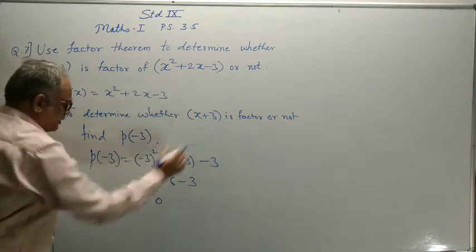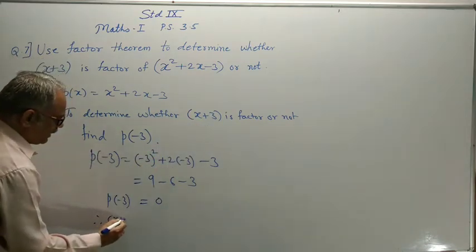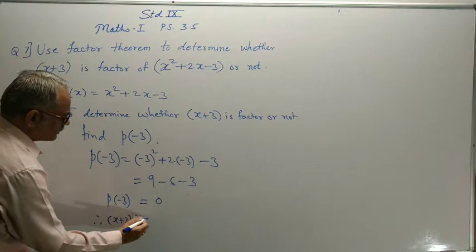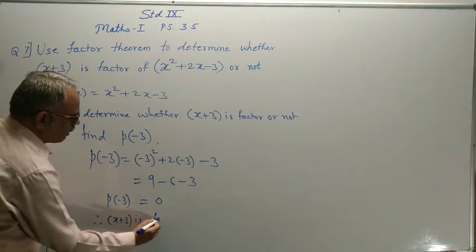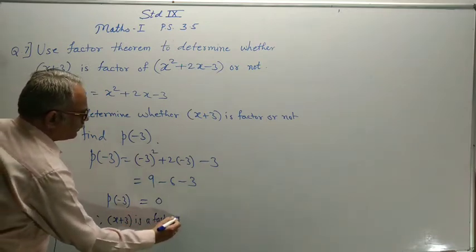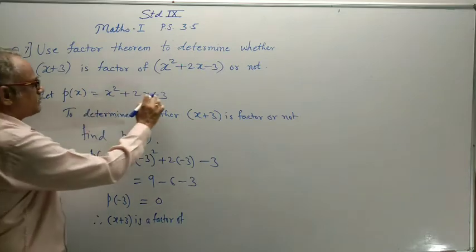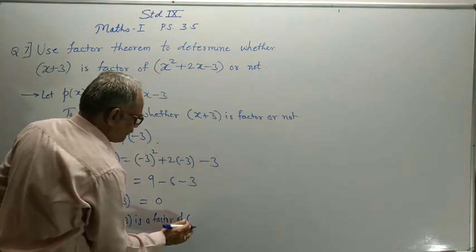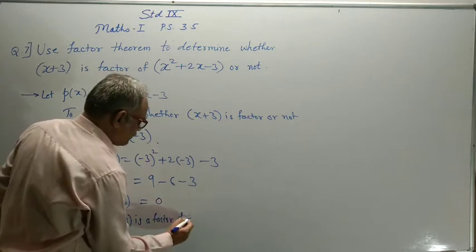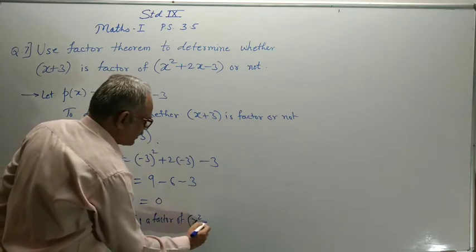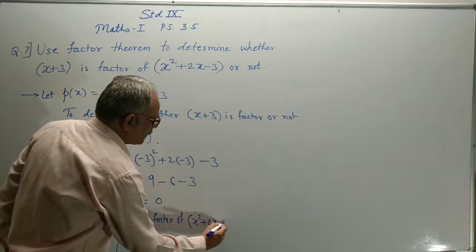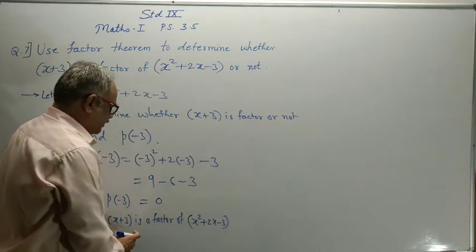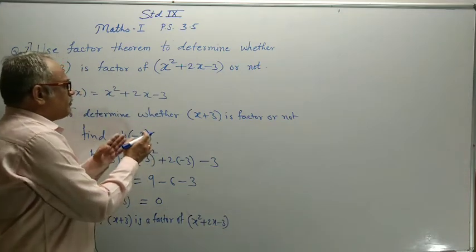Therefore, x plus 3 is a factor of p of x, that is x square plus 2x minus 3, since p of minus 3 is 0.